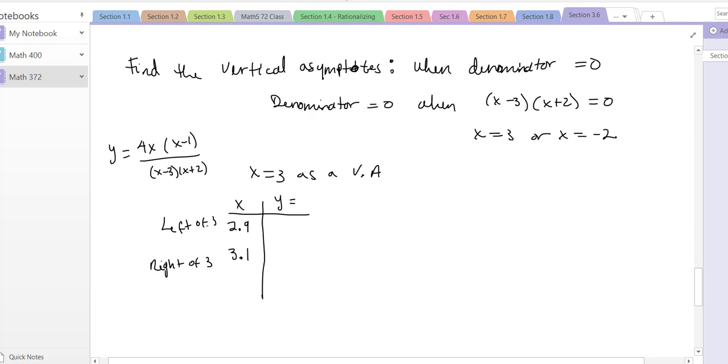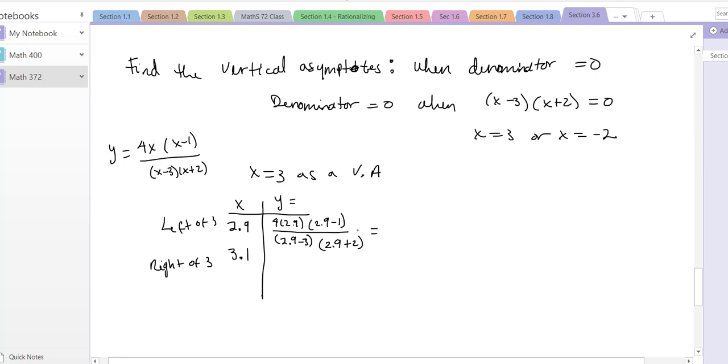When you're looking at the left of 3, so 2.9, when you plug it in here, notice that you have 4 times 2.9 times 2.9 minus 1. These are all positive in the numerator. Now you're going to have x minus 3, so 2.9 minus 3. That's going to be negative because 2.9 minus 3 is a negative number. And 2.9 plus 2, that's going to be positive.